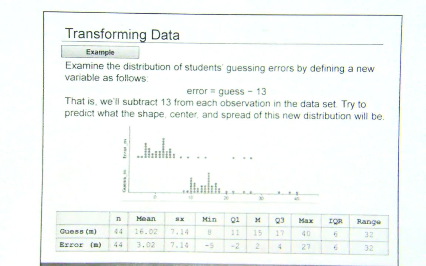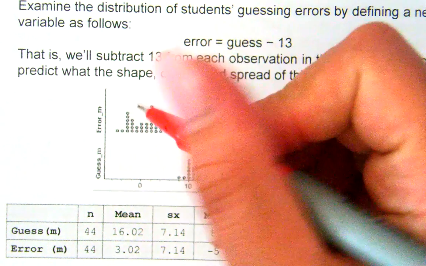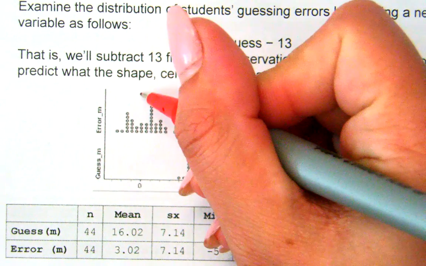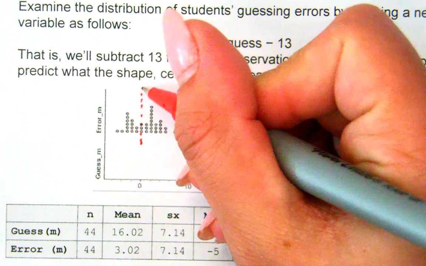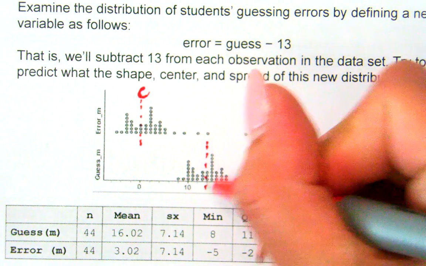There's two things that changed basically. One was the center. So before the center was somewhere maybe around here. Okay, but now your center is somewhere over here.